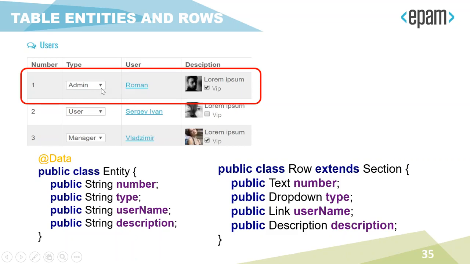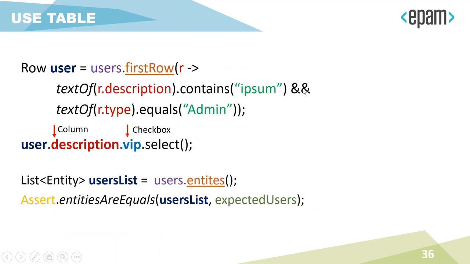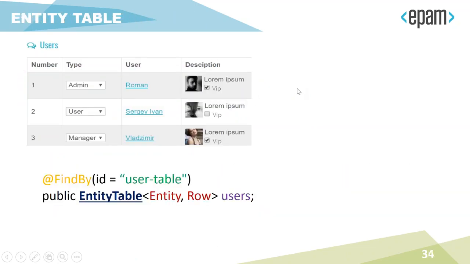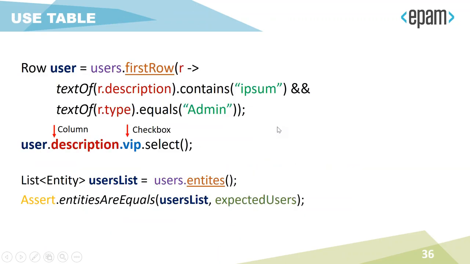We have here some text, drop down, link, and the more complex section description, like we already mentioned for the cells. When you do this, you can simply operate with such tables, then describe it like here, put this entity and row class in the table entity table in your page object.